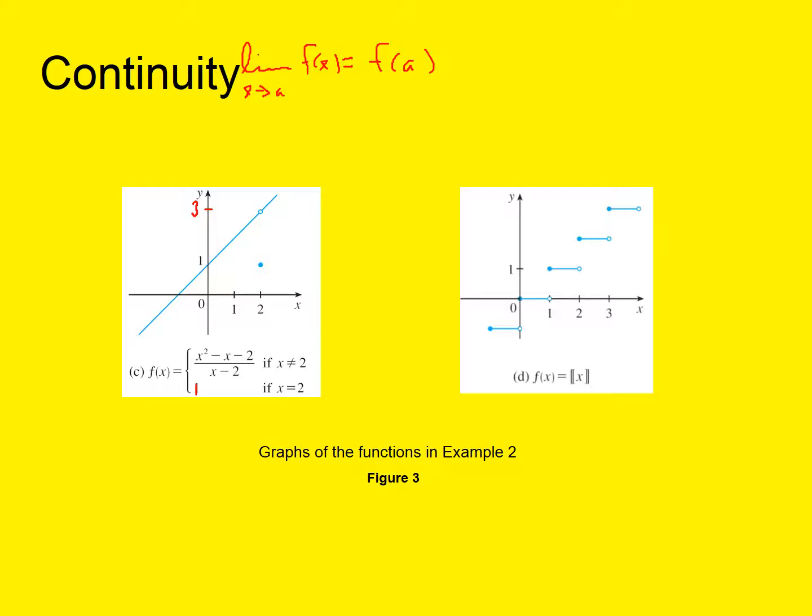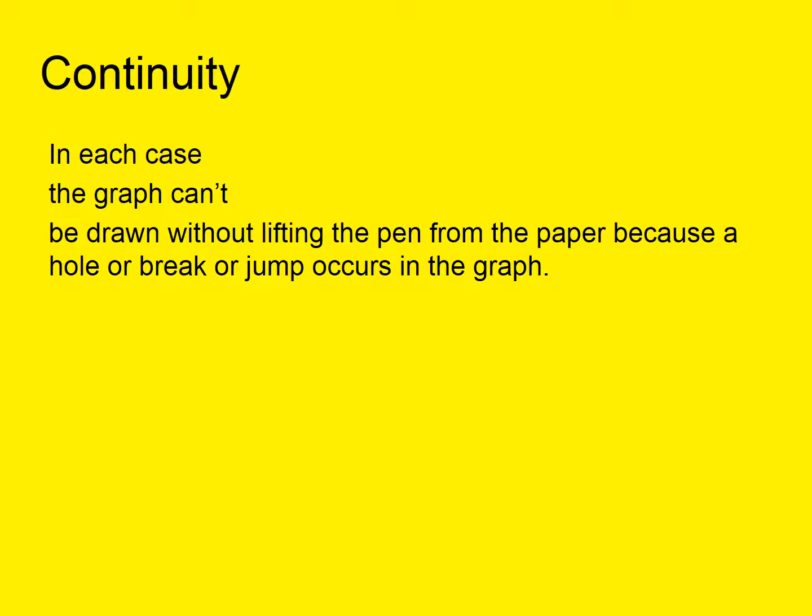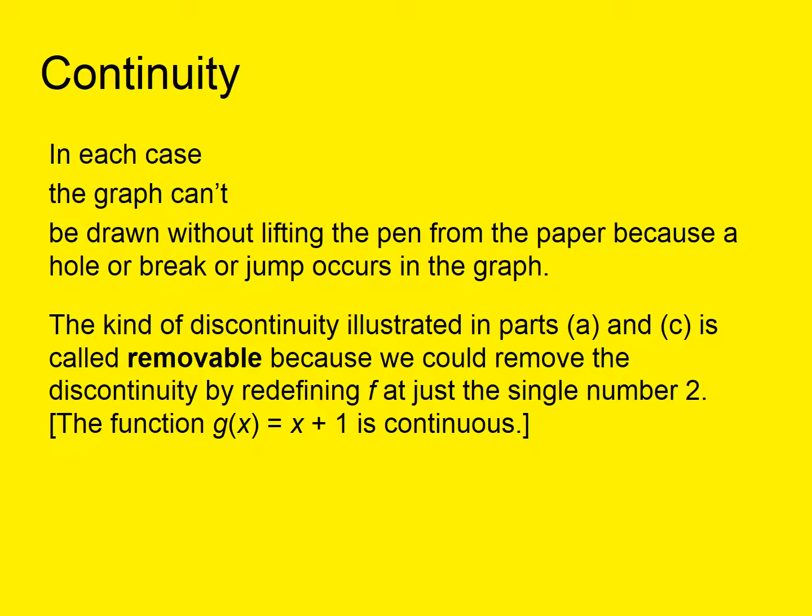And we see the countably infinite number of discontinuities for the greatest integer function in part D. In each case, the graph can't be drawn without lifting the pen from the paper, because a hole or break or jump occurs in the graph.